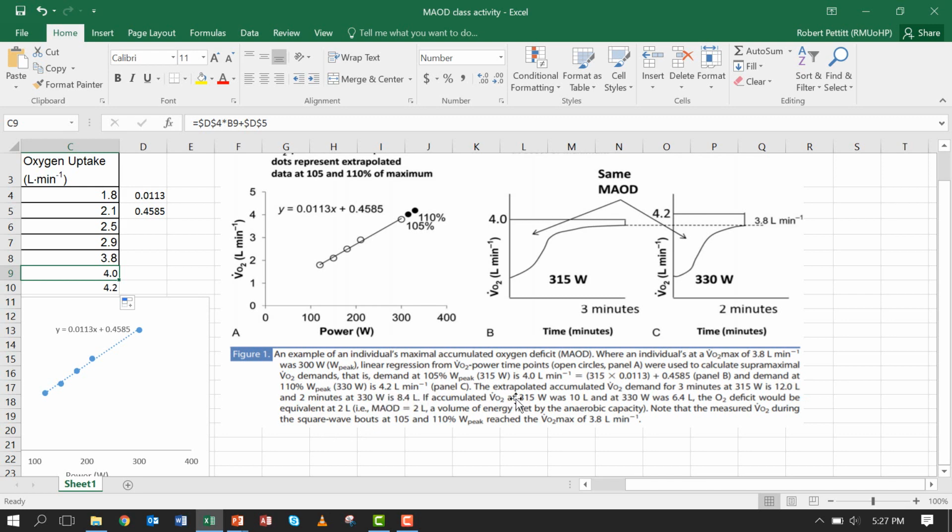And then we say, well, how much you accumulated in that span relative to the demand. So there's a deficit that you can quantify. And it turns out in this example, the deficit is the same, an MAOD of I think it was 1.7 liters. It's been a while since I looked at this.